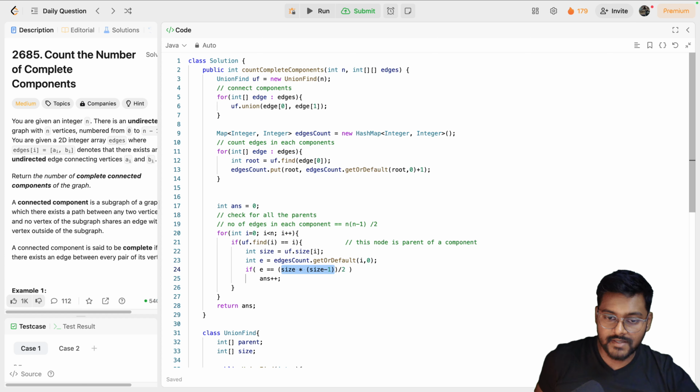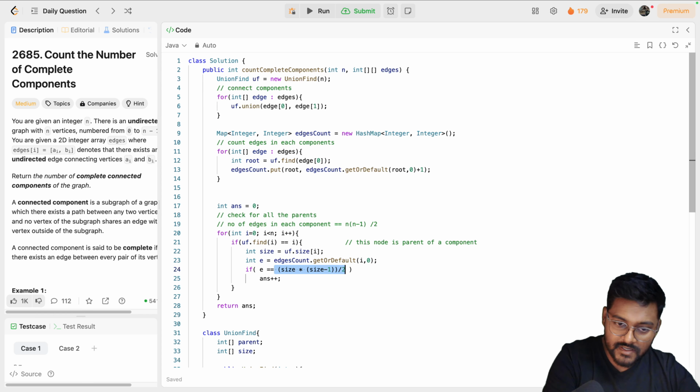We want the edges, because edges are already bidirectional, edges are divided by 2. Now permutation to combination, we have done it. So these are the number of edges we require for every connected component. If we have enough edges, it means that connected component is a complete connected component.